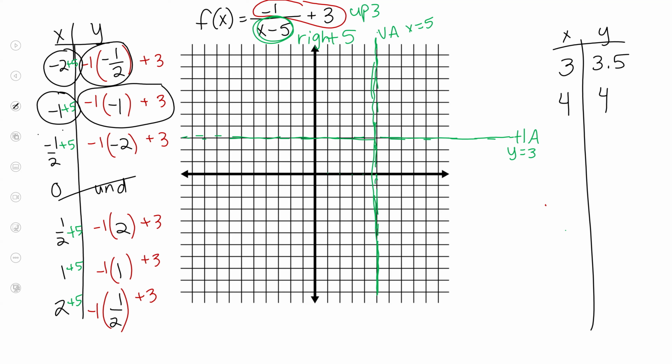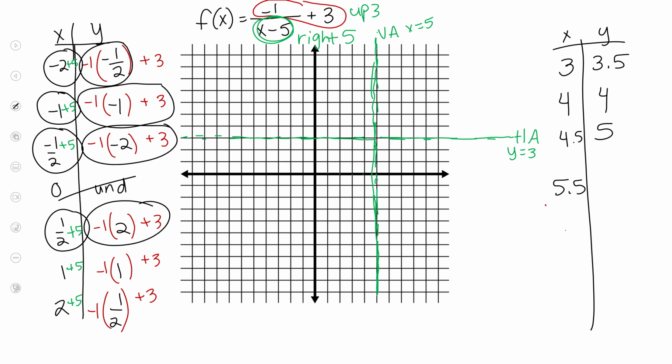Next, -1/2 plus 5 is 4.5. -1 times -2 is a positive 2. Plus 3 is 5. All right, halfway there. 1/2 plus 5, that's just 5.5. -1 times 2 is -2. Plus 3, that's 1. This is 6. This is -1 plus 3, that's 2. This is 7. And this is 3.5.